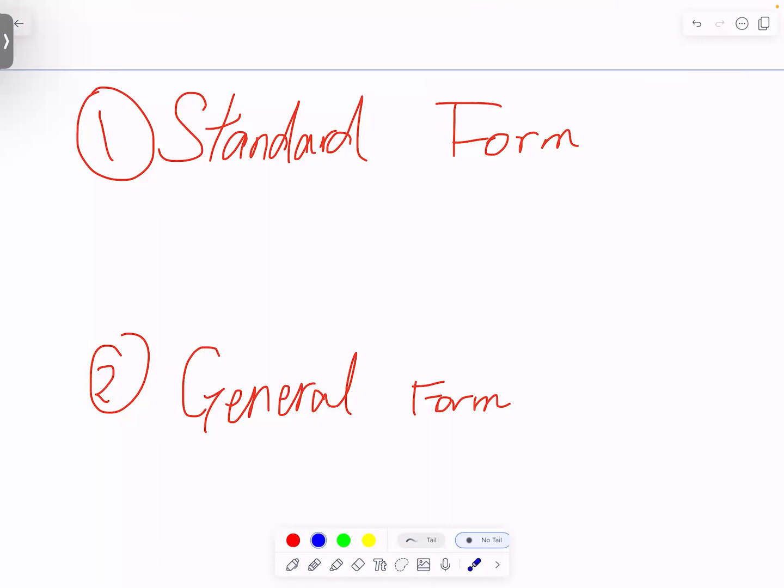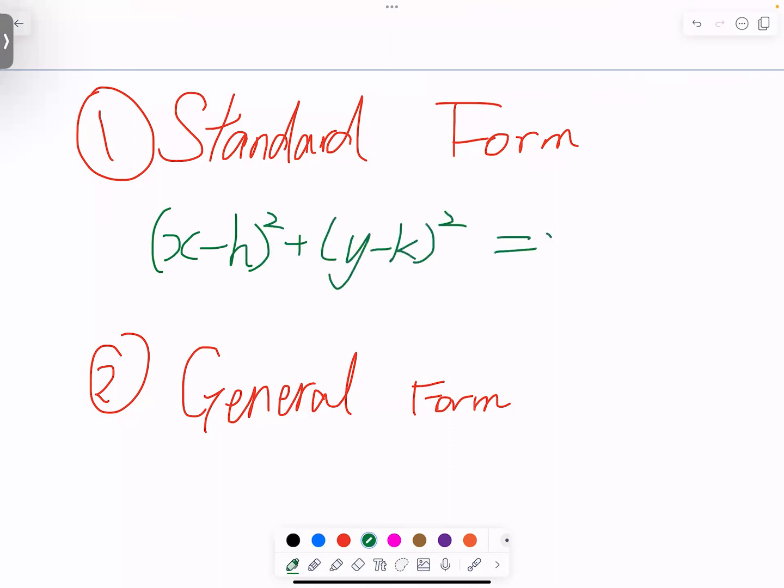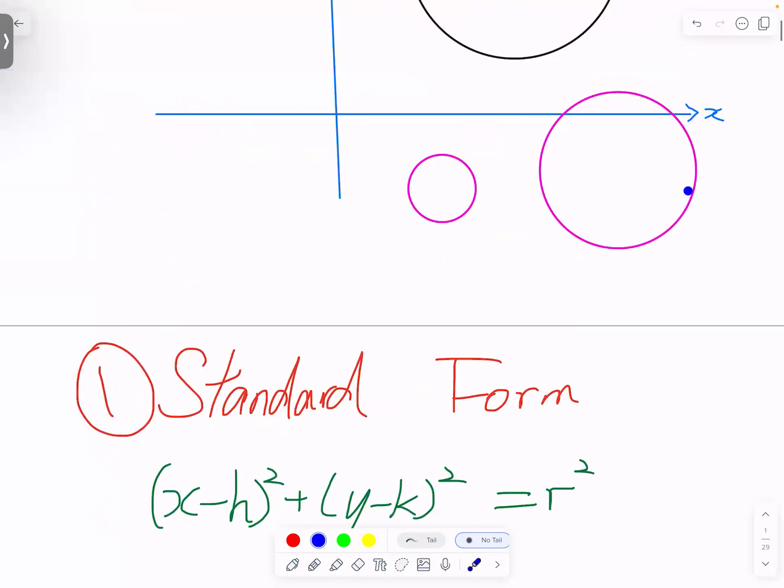Okay, so what is standard form? Standard form, we write it as (x − h) squared plus (y − k) squared equals radius squared. Basically, what is h, what is k, what is r? X, y, and r are like common variables that you will be using for the equations.